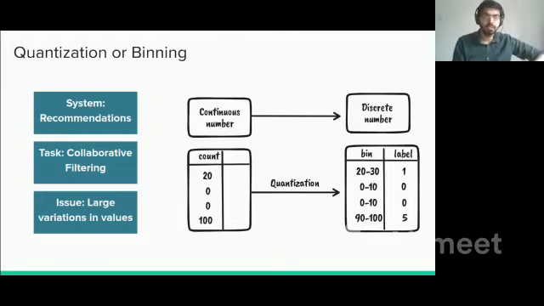The column had lots of different values, varying from say 0 to 100, so it was in a larger space, and that is being transformed to a smaller space, a smaller set of values. So you lose out on the smaller differences when you do this, but you retain the essence of being in that same dimension, right? That is retained when you do quantization or binning.